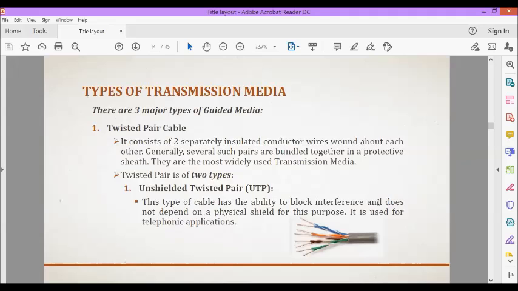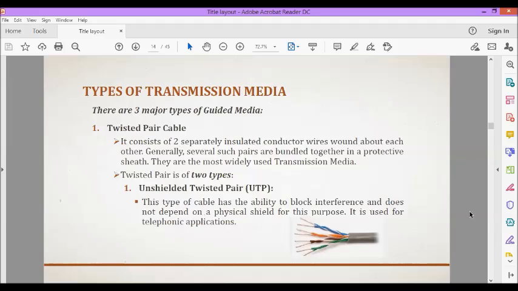Twisted pair is of two types. We have the unshielded twisted pair, also known as UTP. This type of cable has the ability to block interference and does not depend on a physical shield for this purpose. It is used for telephonic applications.